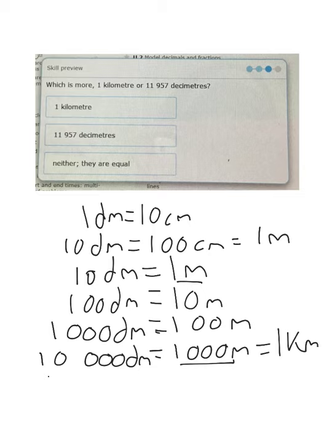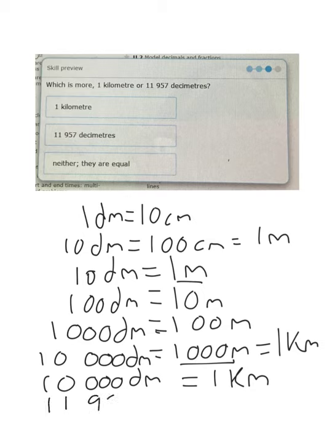So now we know that 10,000 decimeters equals 1 kilometer. Now going back to our question, it's saying what's bigger, 1 kilometer or 11,957 decimeters? Well, if we know that 1 kilometer is the same as 10,000 decimeters, 11,957 decimeters must be bigger than 1 kilometer. So this is the larger one. Okay, good luck.